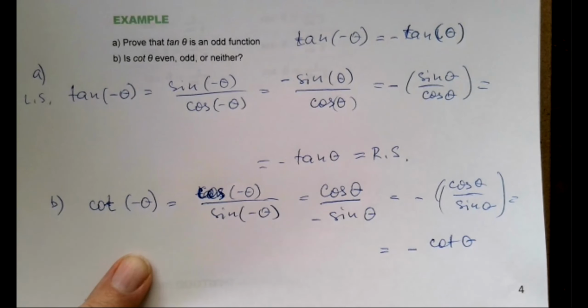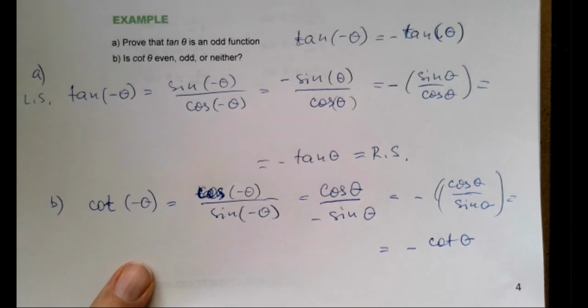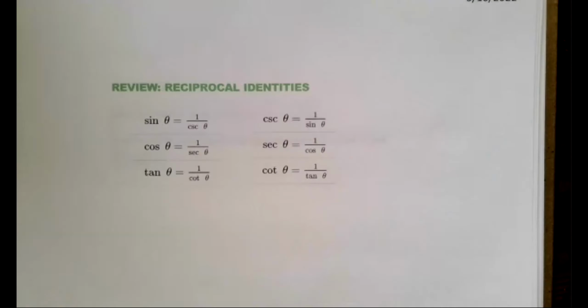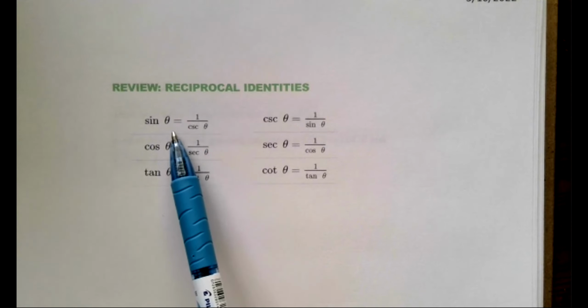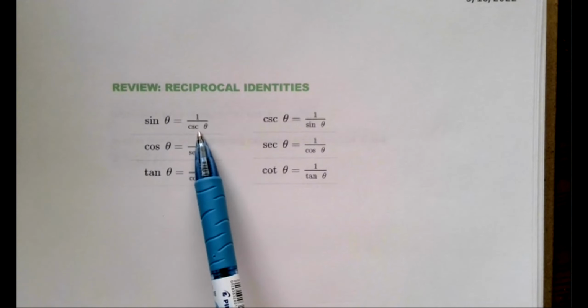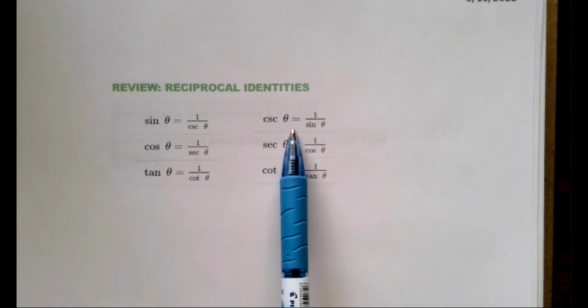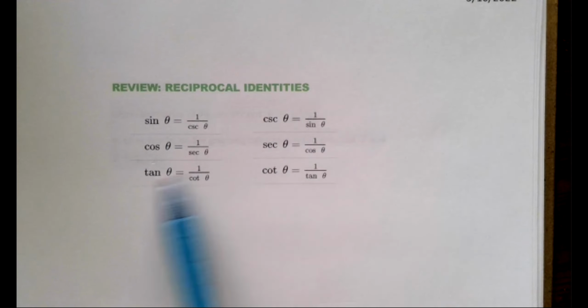Later, when we're simplifying other expressions or proving identities, we're going to use the fact that these functions are even or odd in order to simplify expressions. Now, what are other identities that we're going to use? Well, we're going to use our reciprocal identities. Sine is 1 over cosecant, and cosecant is 1 over sine.